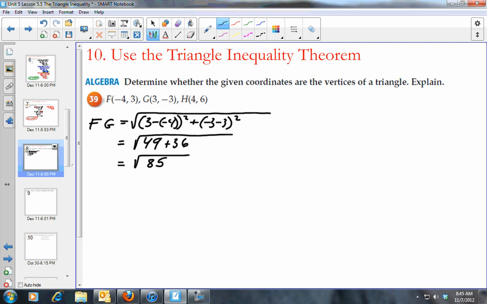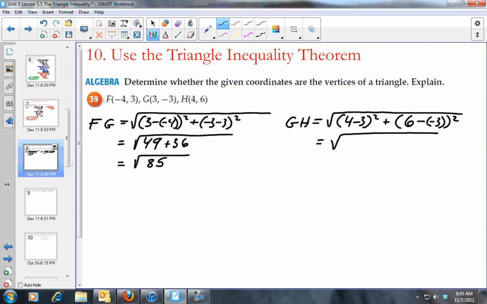Now let's find the length of GH. That'll be 4 minus 3, quantity squared, plus 6 minus negative 3, quantity squared. 4 minus 3 is 1. 1 squared is 1. 6 plus 3 is 9. 9 squared is 81. Square root of 82. Gotta make sure I'm doing all these right. Well, y'all go ahead and find the last one then.